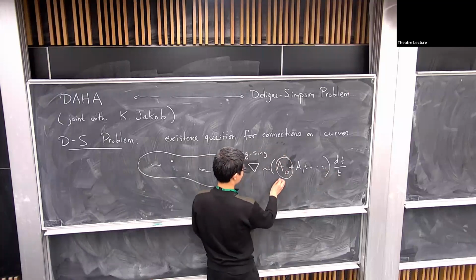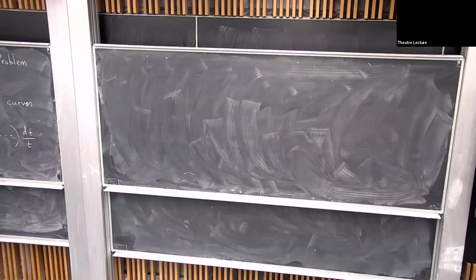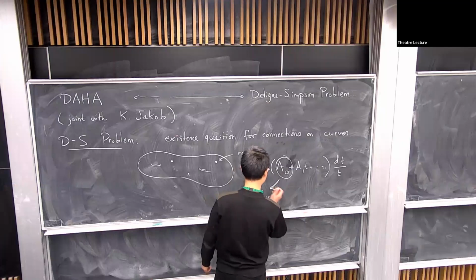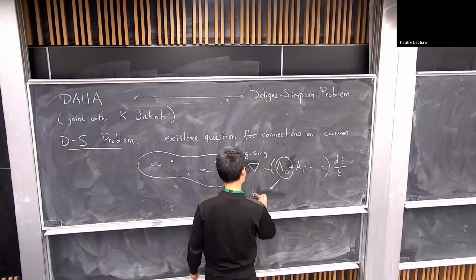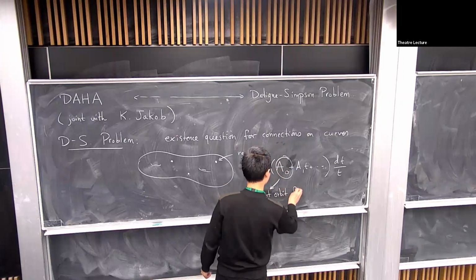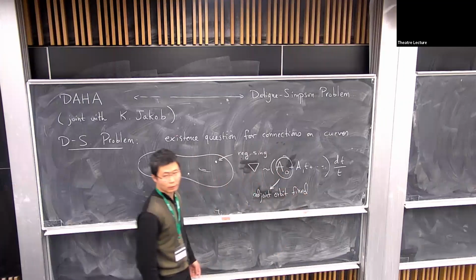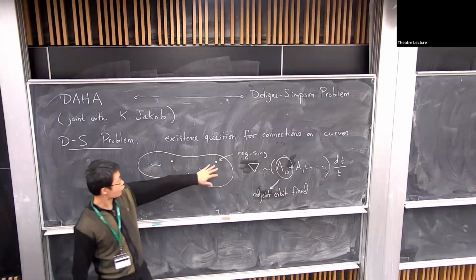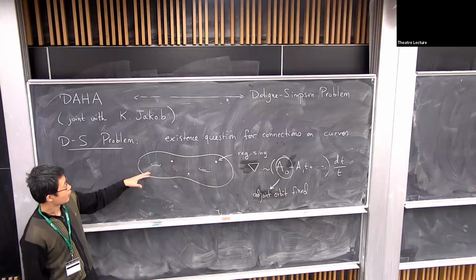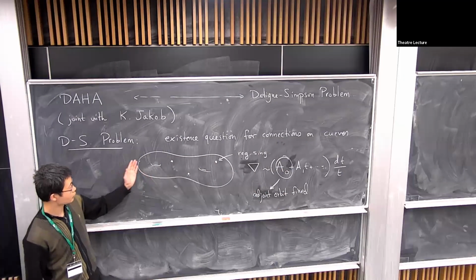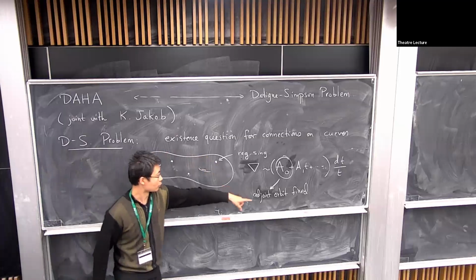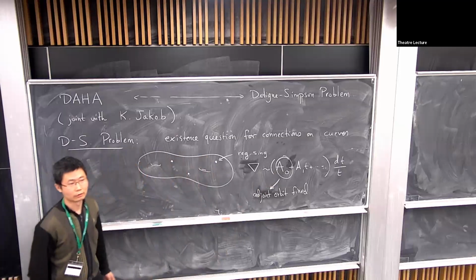And you may ask this A0 to be fixed, or at least its adjoint orbit to be fixed. And you can fix such an adjoint orbit at each of these finitely many points and ask if there exists a global algebraic connection which has the prescribed residue at all these points.